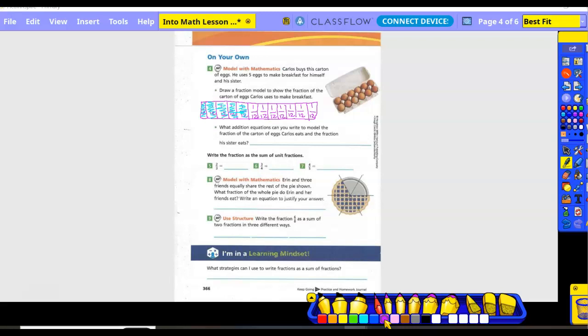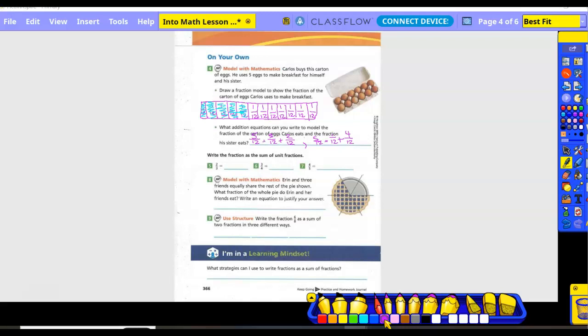He eats 5/12, right? No, him and his sister. Oh, him and his sister. So we could do 5/12, which could be maybe 3/12 plus 2/12. Maybe his sister doesn't eat quite as much as him. Could we do 5/12 equals 1/12 plus 4/12? Okay, so either way, all we need to get is what on the top?